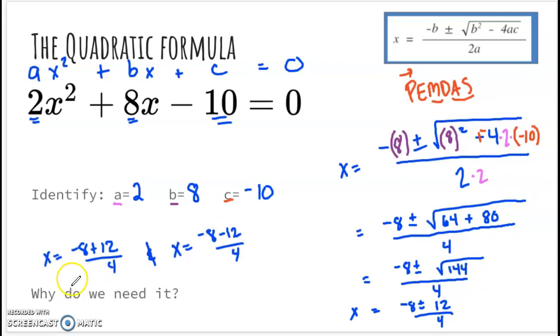So let's see here. -8 plus 12, that's going to give me 4 divided by 4. So x equals 1. And -8 minus 12, well, that gives me -20 divided by 4, which is -5. So my 2 solutions here would be x equals -1 and x equals -5.